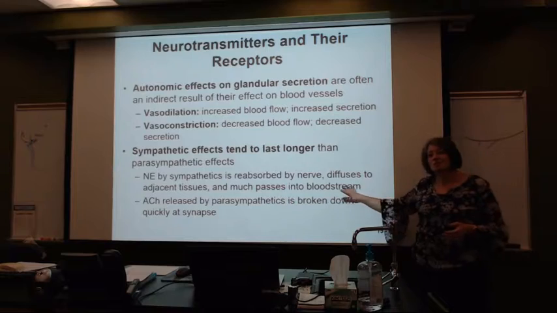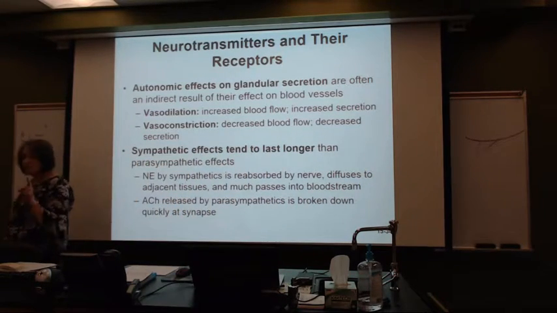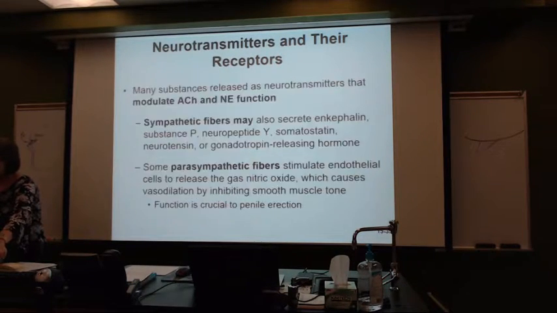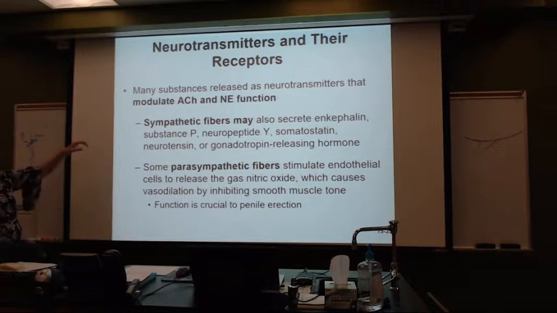But when it gets into the bloodstream, it now has the ability to reach all tissues of the body before getting broken down and removed out of the body. So we're going to see that some of the substances that get released as neurotransmitters are going to help modulate.